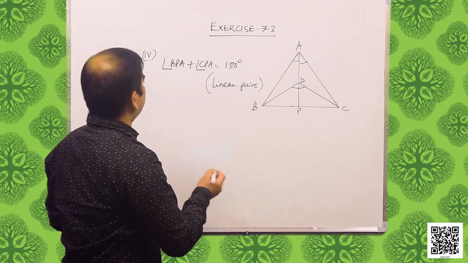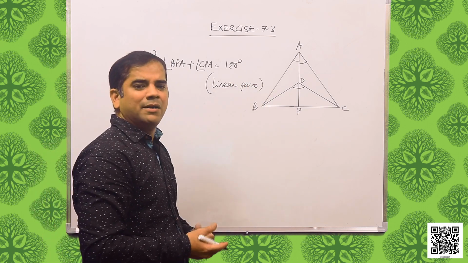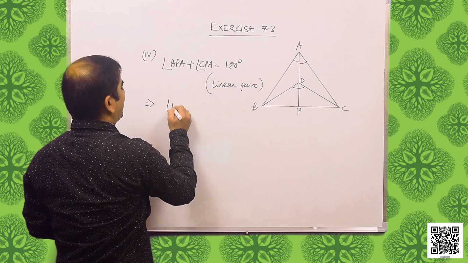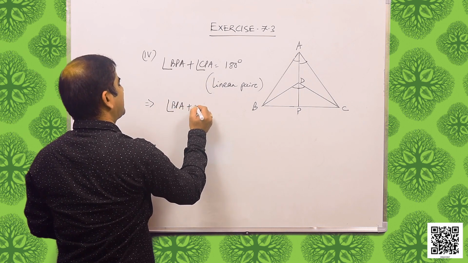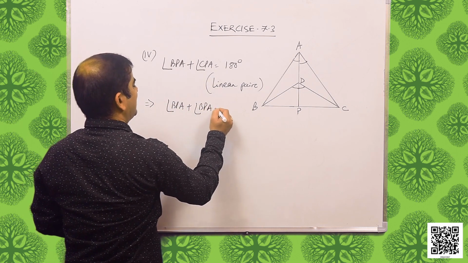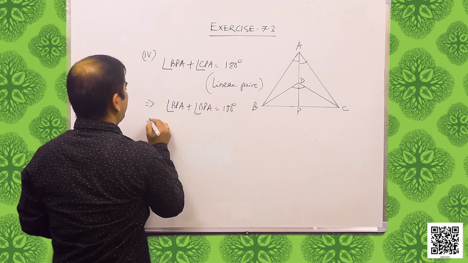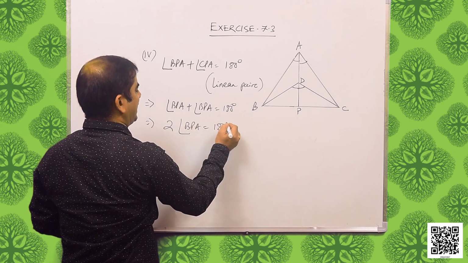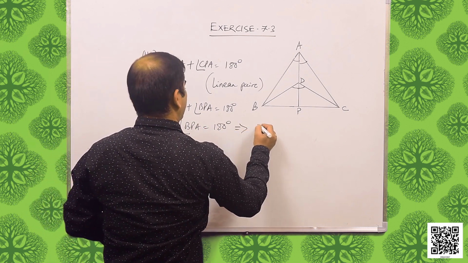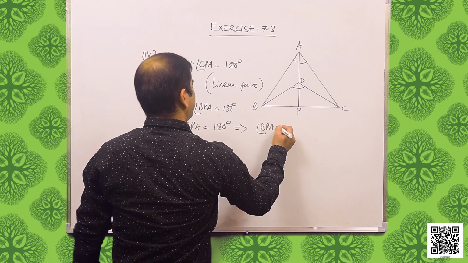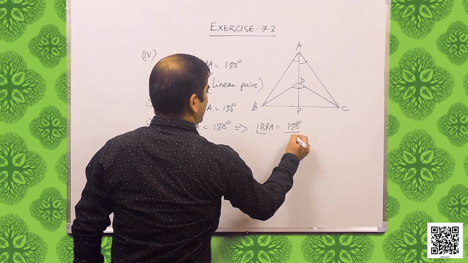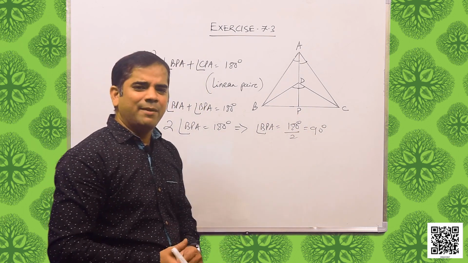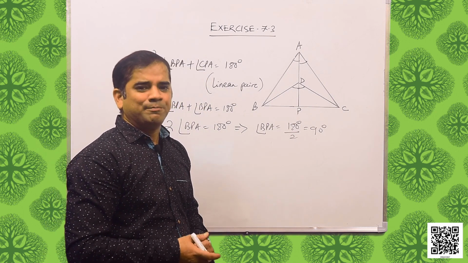That means I can substitute CPA by BPA. So angle BPA plus angle BPA is equal to 180 degree. That implies 2 angle BPA is equal to 180 degree, so angle BPA is 180 by 2, that is 90 degree.